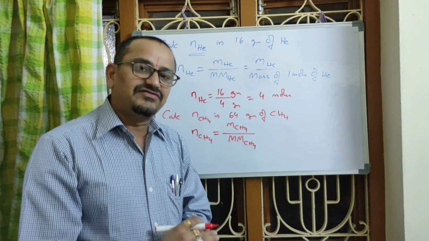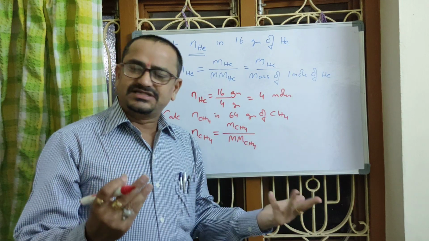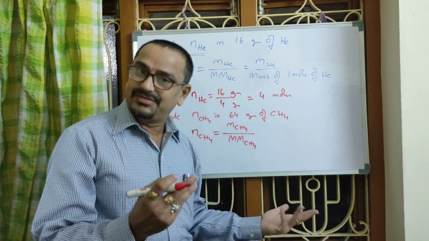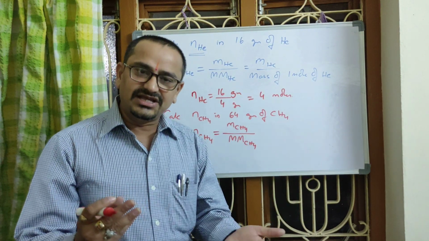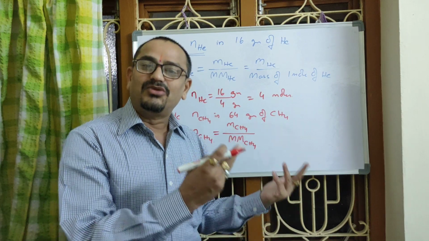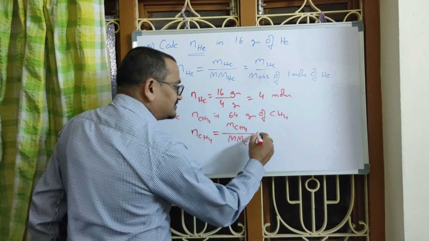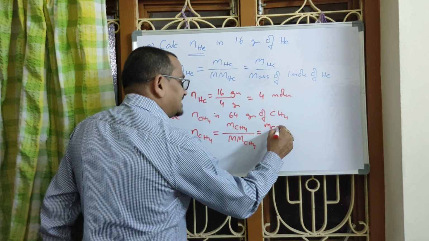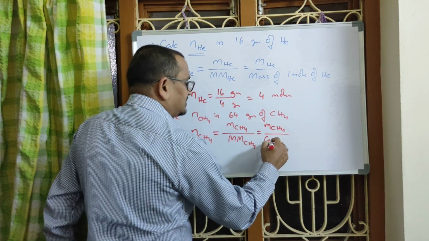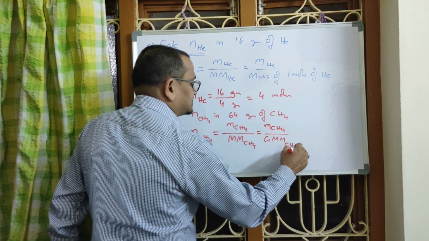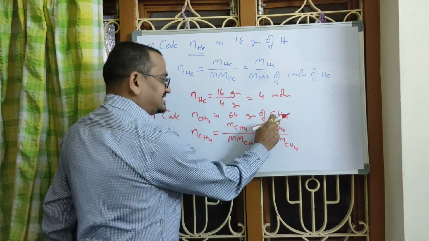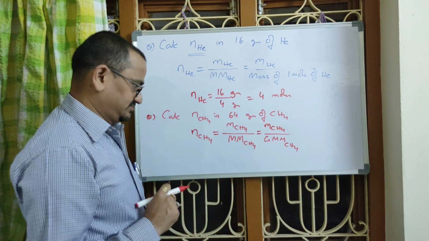What is the mass of 1 mole called? If the substance is an atom, it is called gram atomic mass. If the substance is a molecule, it is called gram molecular mass. We studied this in the previous sessions. As this is a molecule, it can be expressed as mass of the substance by gram molecular mass of the substance. Methane is a molecule.